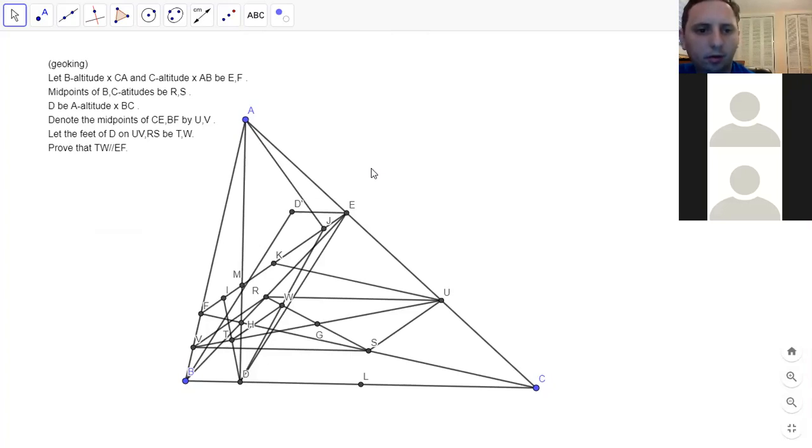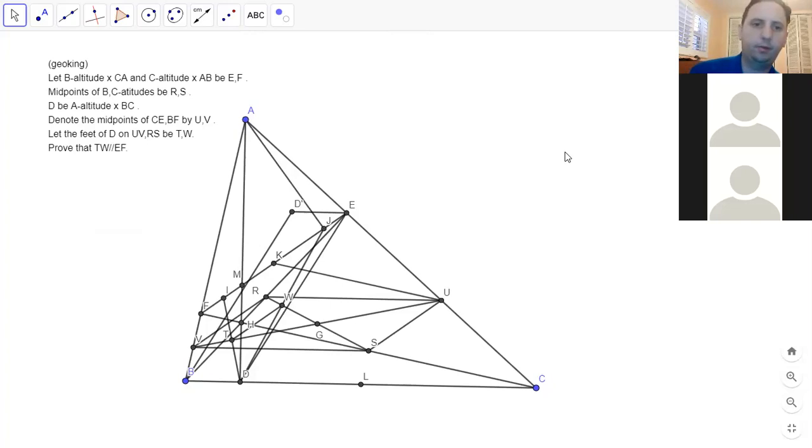So the two triangles JED prime and JAD are similar. By simple angle chasing, we have JD prime must be perpendicular to JD.